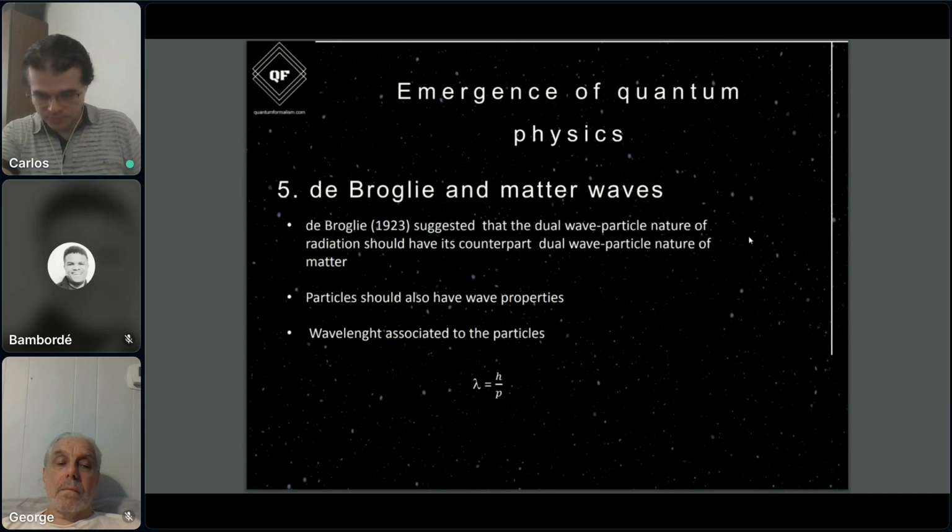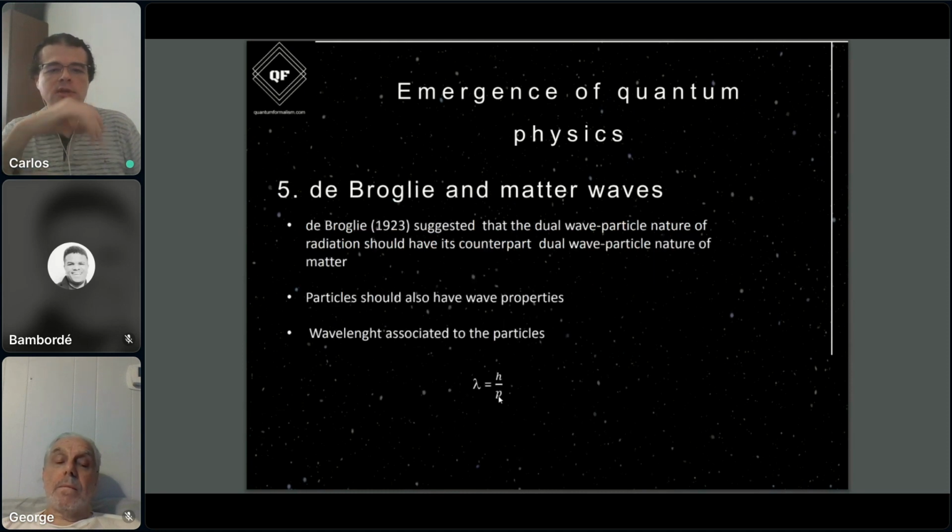In the same way radiation has this dual behavior, particle and wave, the same could happen: a similar behavior should also appear for matter. So particles, for de Broglie's ideas, should have wave properties. The wavelength associated with the particle should be Planck's constant divided by the momentum of the particle.